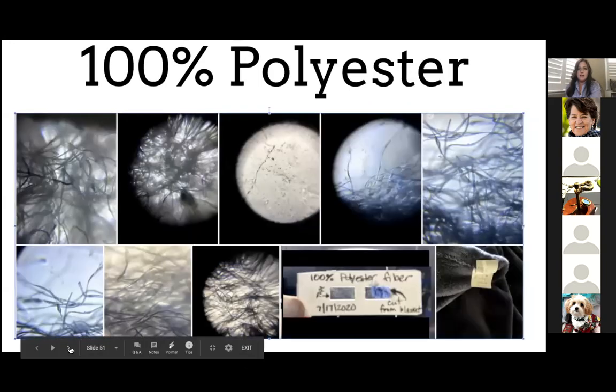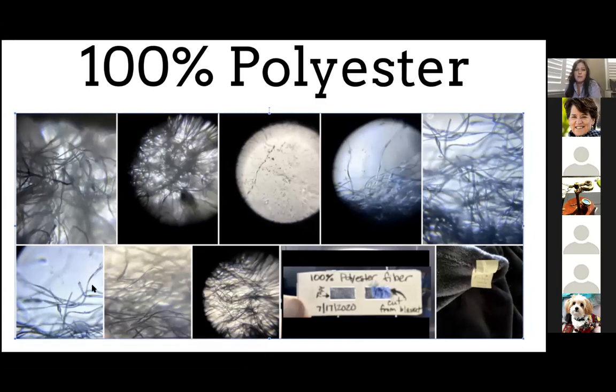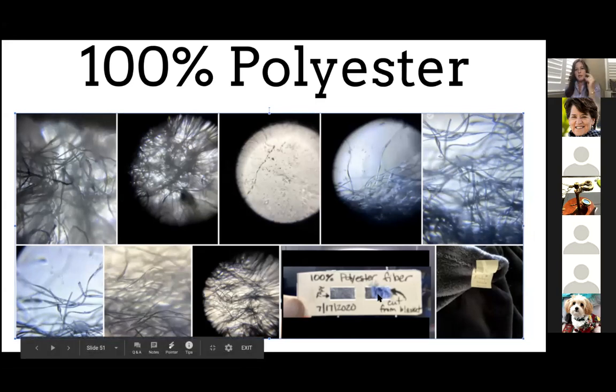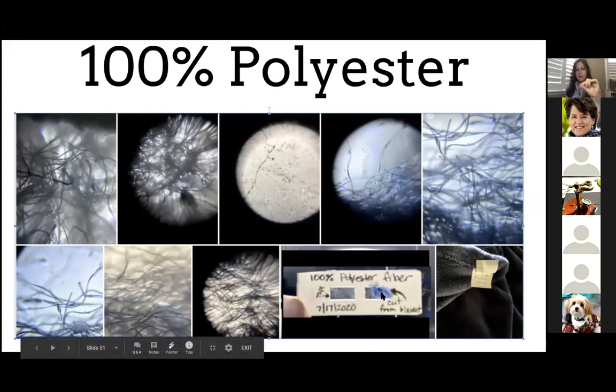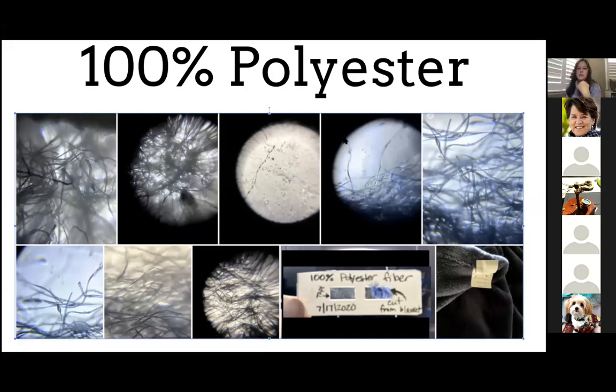So next is looking at polyester, which is a microfiber, which has turned into a problem because it doesn't decompose, as we're finding out now in our oceans. So I cut a little tiny piece of a blanket on the edge, put the little fuzz there, and then just sandwiched it with the tape and captured the images.